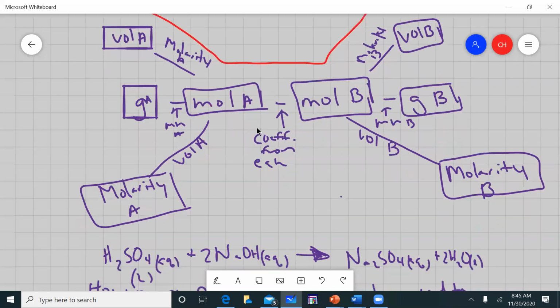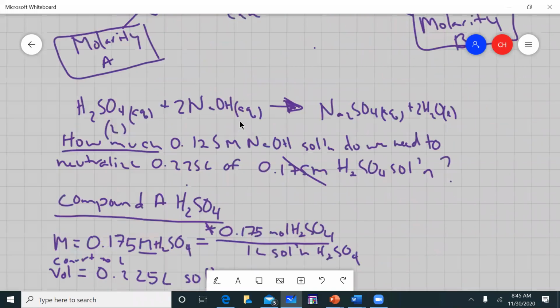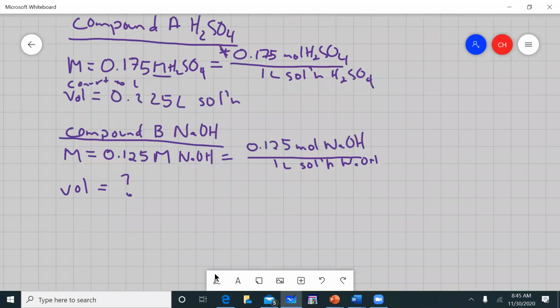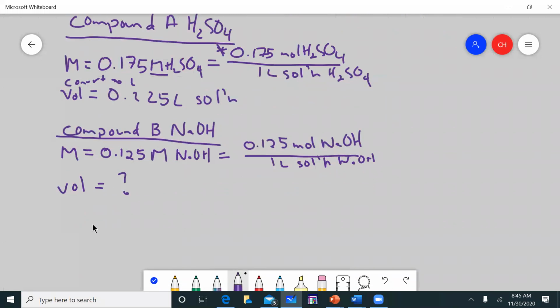It says to begin with volume A. So where is my volume of A? So here's compound A, and here's the volume already written for me in liters. We have 0.225 liters of H2SO4 solution.